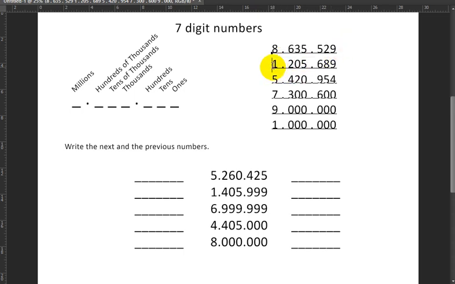But this one we would say 1.εκατομμύριο. So notice that before we said εκατομμύρια, whereas here we say εκατομμύριο because it's only one, right?